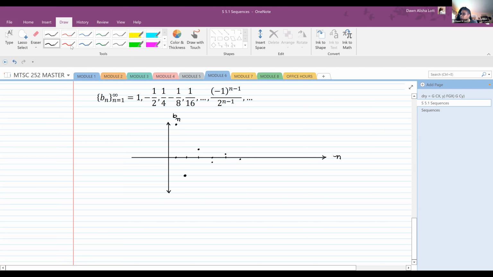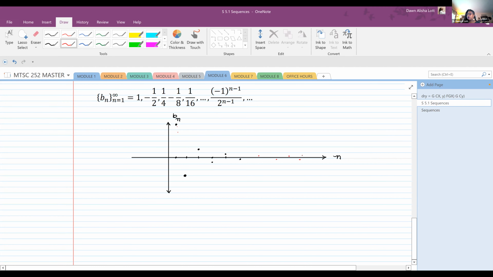So as you can see, this sequence of numbers is getting closer and closer to what value? Is it 0? It's 0. These numbers are going to keep getting closer and closer to 0.